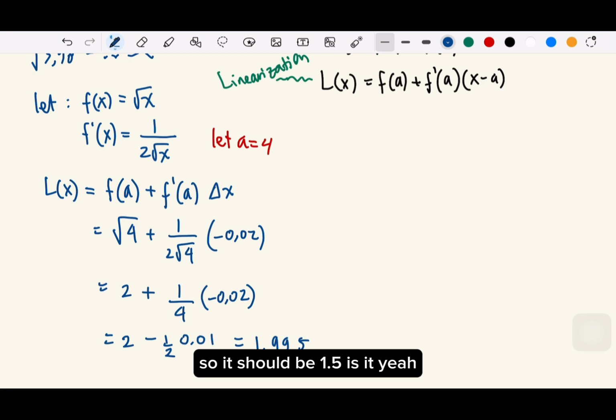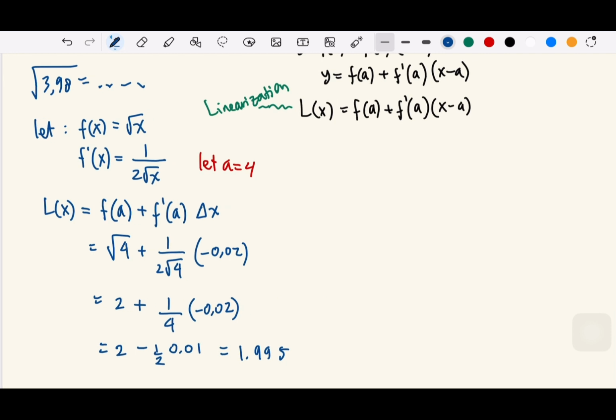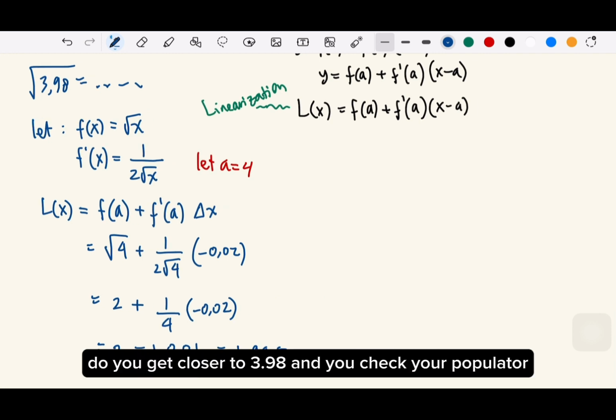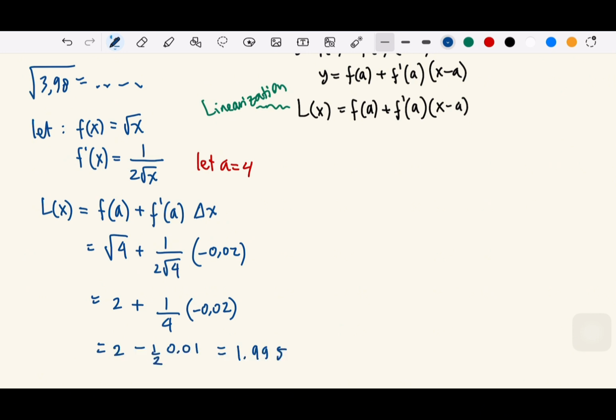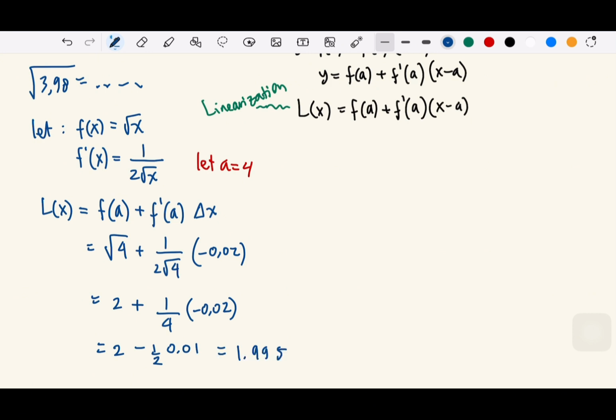Is it? Yeah. I don't know. If you square this, do you get closer to 3.98? Can you check your calculator? Just square this one. Take the square. Multiply by itself. 3.90025. Okay, this is quite good.